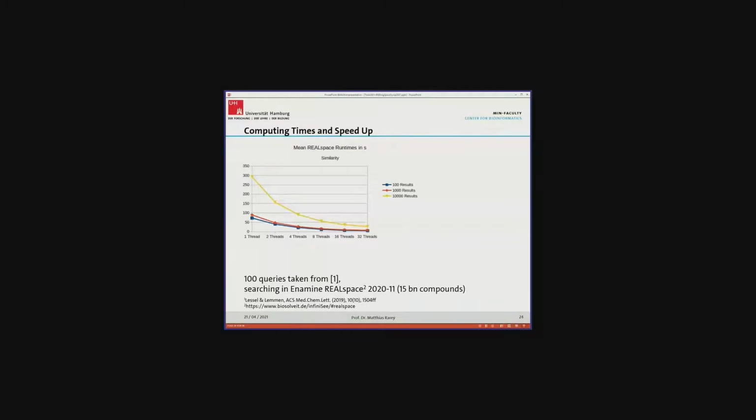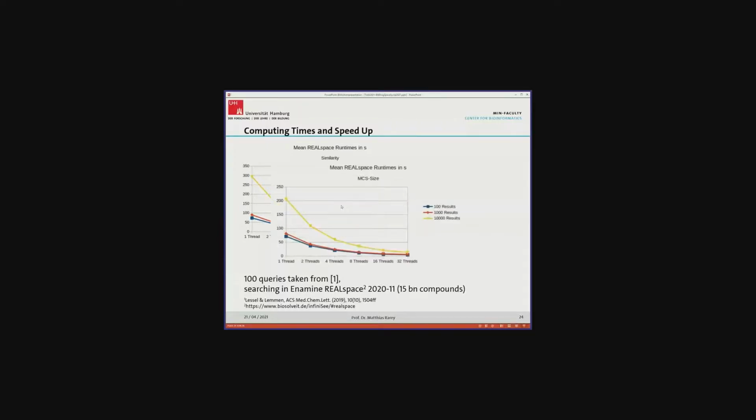Before I show you another example, here are the computing times we see. We are in the middle of optimizing the code, so we are pretty sure that we will get the computing times even a little bit lower. We are able to parallelize the code to a certain extent, not perfectly, but to a very good extent, and you have runtimes which depend a little bit on the number of molecules you want to get out of it, and which are typically in the order of minutes.